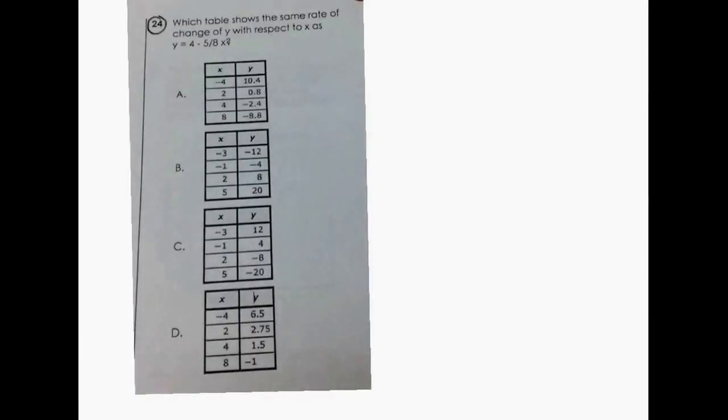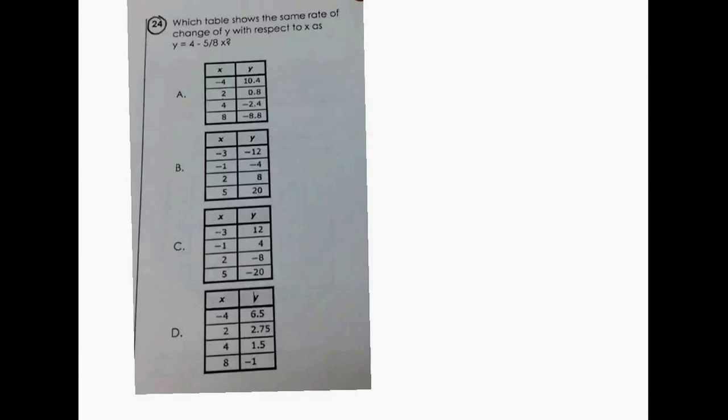Here it wants to know which table goes with this. This is a stat edit problem. If we go stat 1, and we just start typing in negative 4, 2, 4, 8, 10.4, 0.8, negative 2.4, and negative 8.8, stat calc 4.